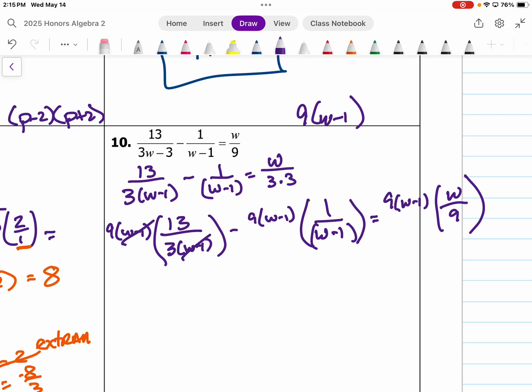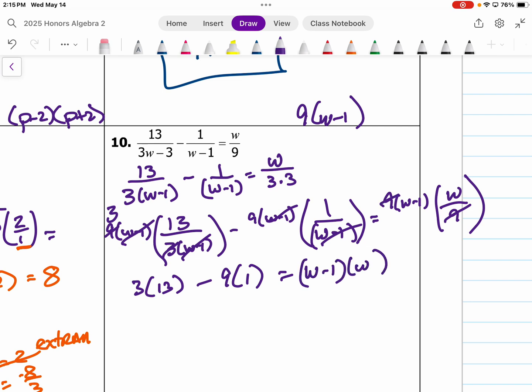All right, here we go. W minus 1's cancel. 3 goes into 9 3 times. I'm left with 3 times 13. Minus, the W minus 1's cancel, I'm left with 9 times 1. The 9's cancel, and I'm left with W minus 1 times W in that spot. So 39 minus 9 equals W squared minus W. That is technically 30.